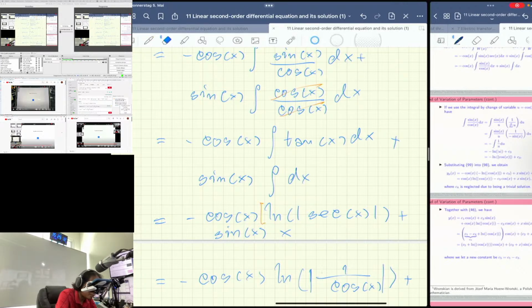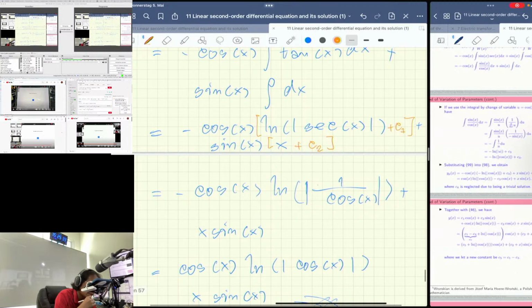Plus C1 and then add plus C2, right? No, it's normal parenthesis.